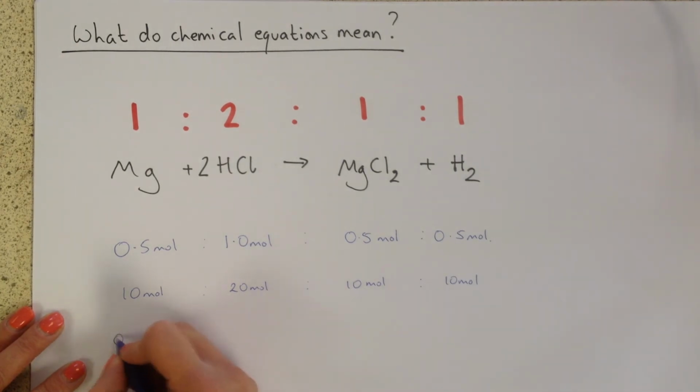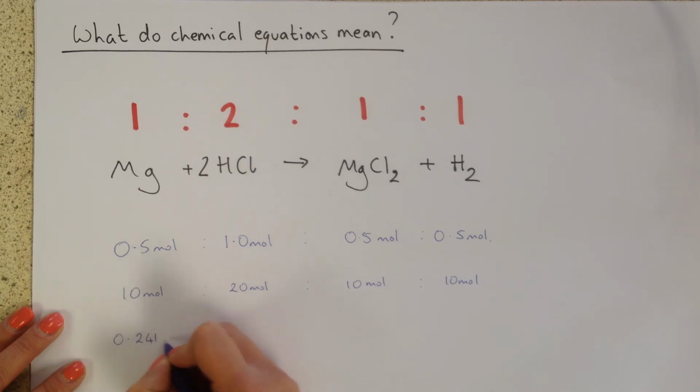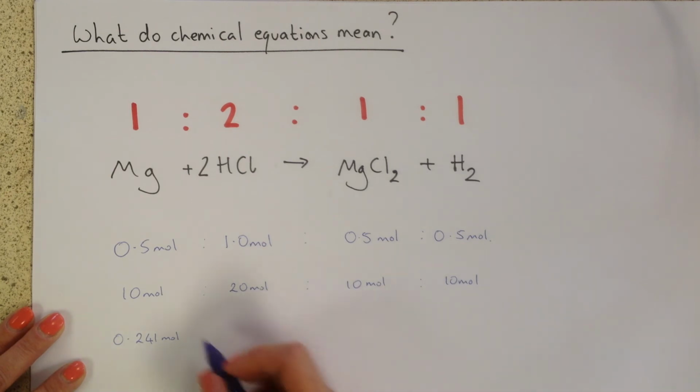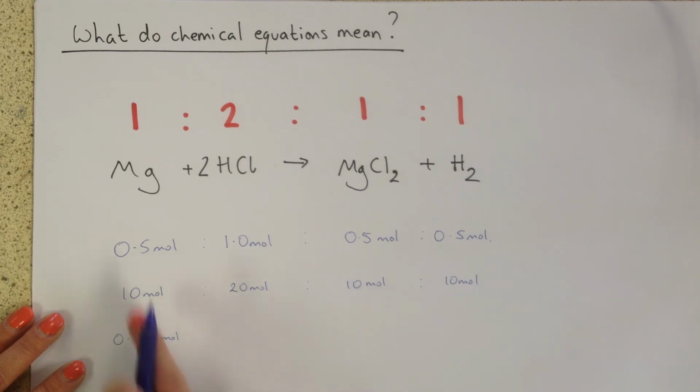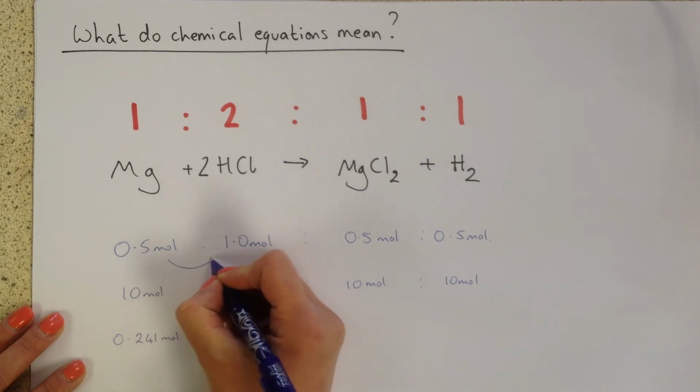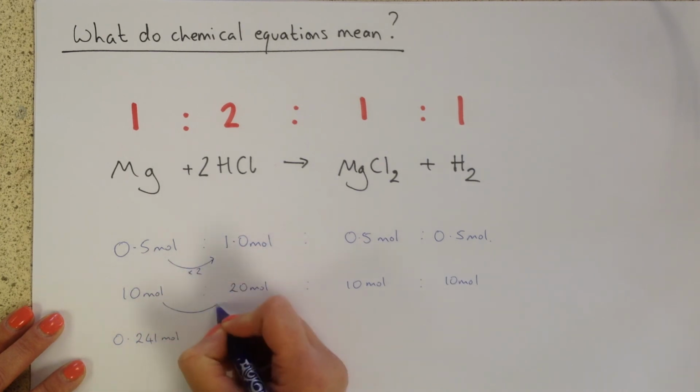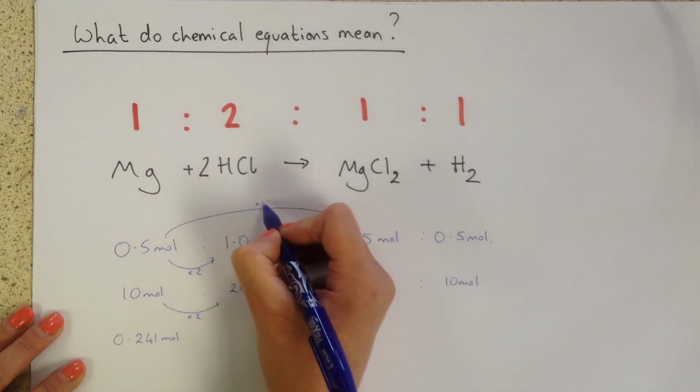Could we do it if it's weird, strange quantities? 0.241 moles. More often than that, you will be actually dealing with smaller numbers to obviously express the 3 significant figures. If the ratio is 1:2, all we're doing is doubling that. And every time these others stay the same.